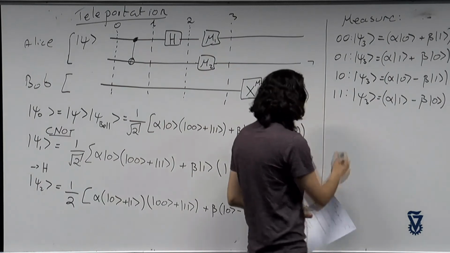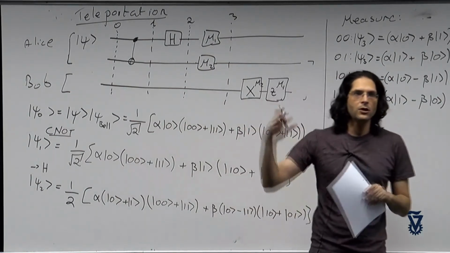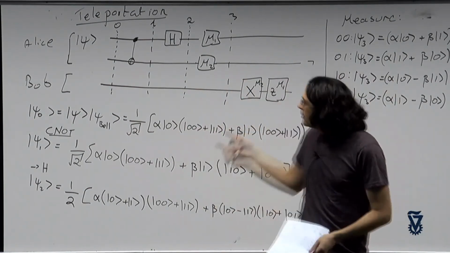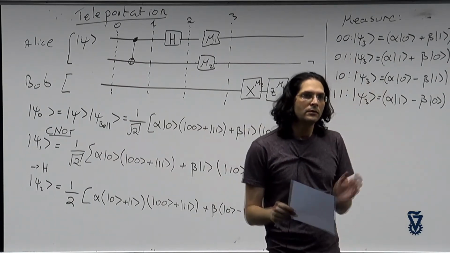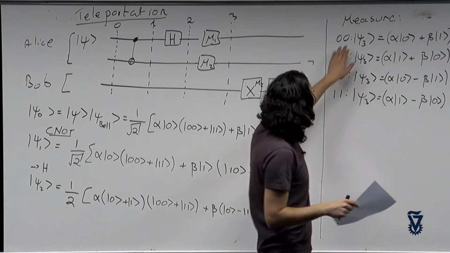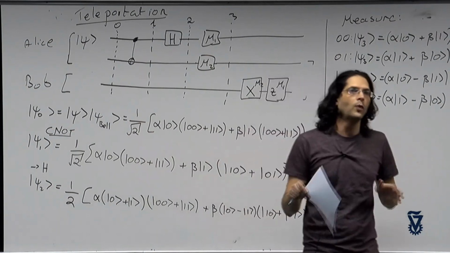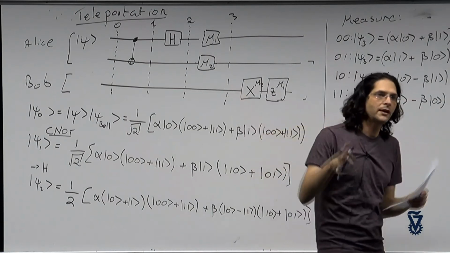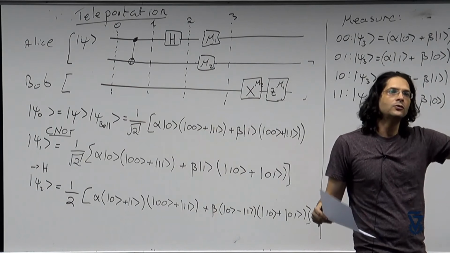Now it's important to note that the state was not copied from Alice to Bob. Alice on her side now has 2 qubits that are reset. She knows the state of each of her qubits, and it is either 0 or 1. So the state psi is being destroyed at Alice's site, and it is being teleported to Bob's site.